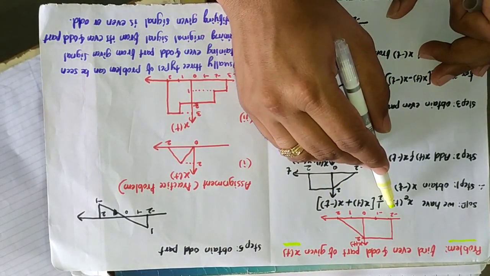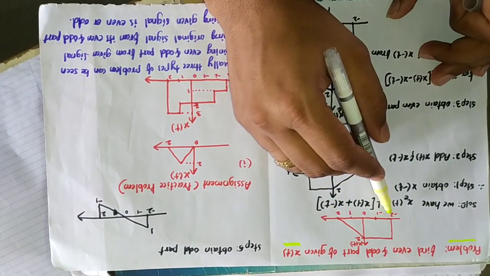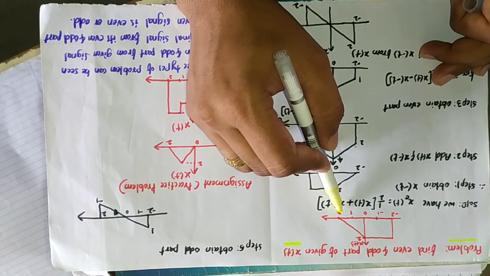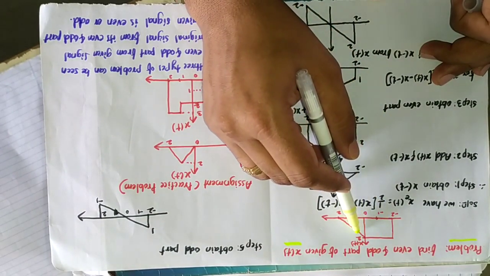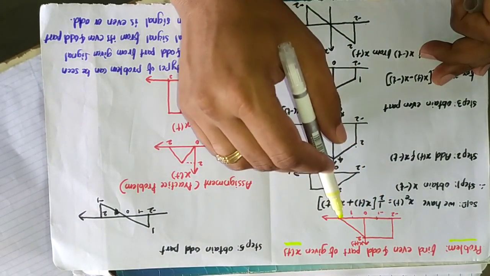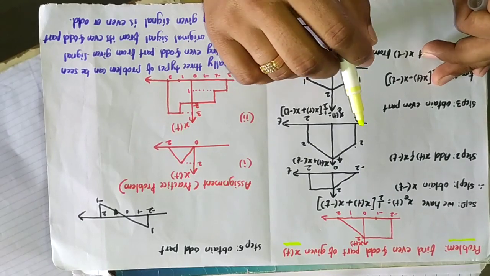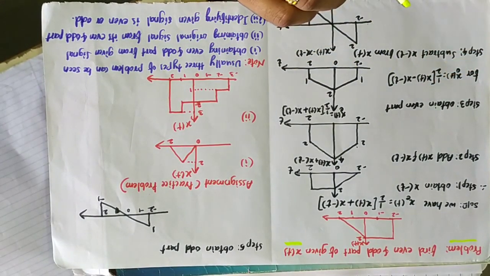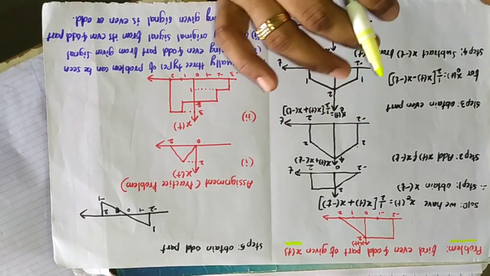If you see in the given signal, it starts at -2 and ends at 2 and its amplitude is 2. This is the problem. So we will see a very step by step way of giving the solution for the given problem.